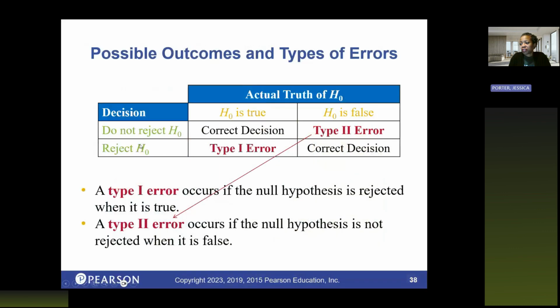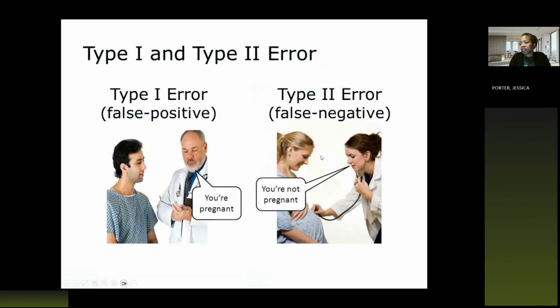Type 2 error, failing to reject a false null, false negative. Okay, you kind of see how that looks. He's telling the man he's pregnant, and not quite. And then this woman who's clearly pregnant, she's saying she's not pregnant. That's just how each of those works.